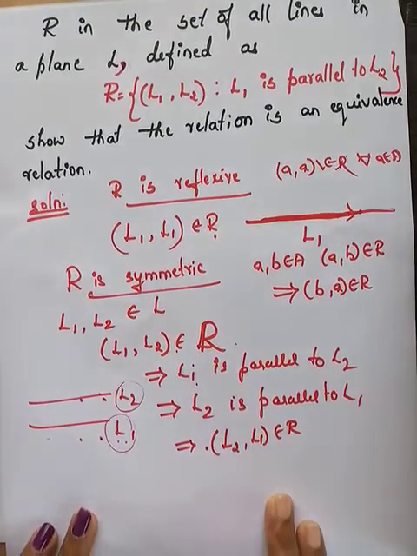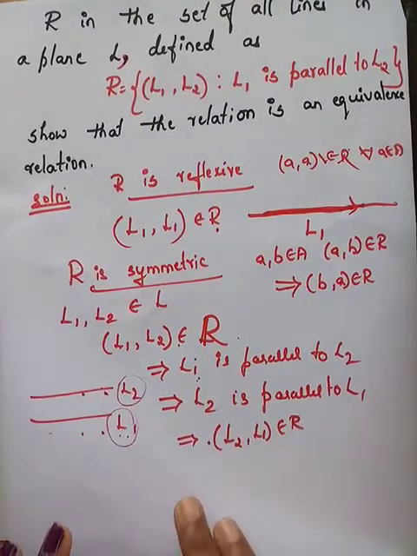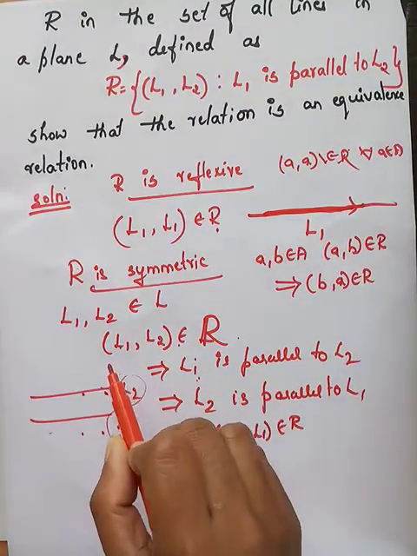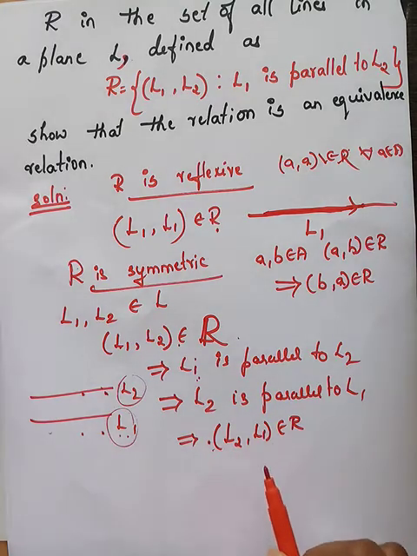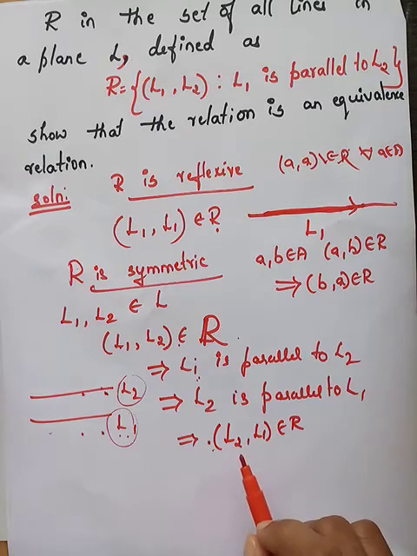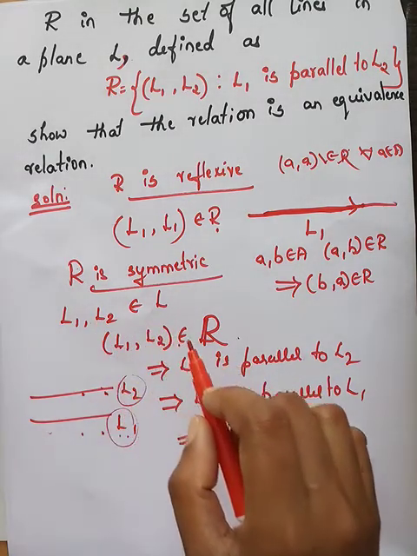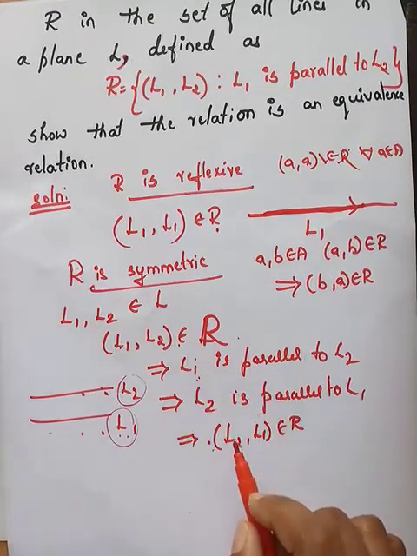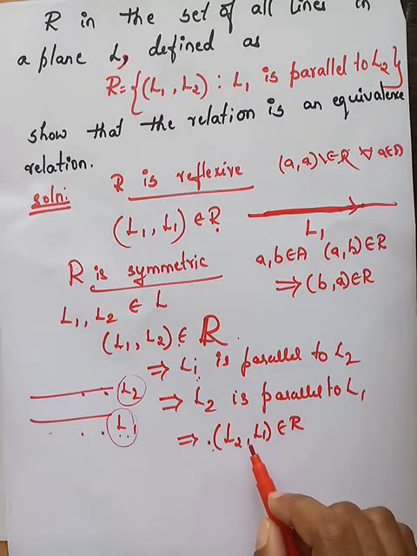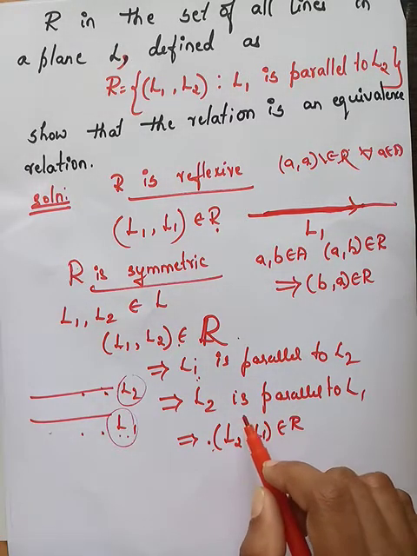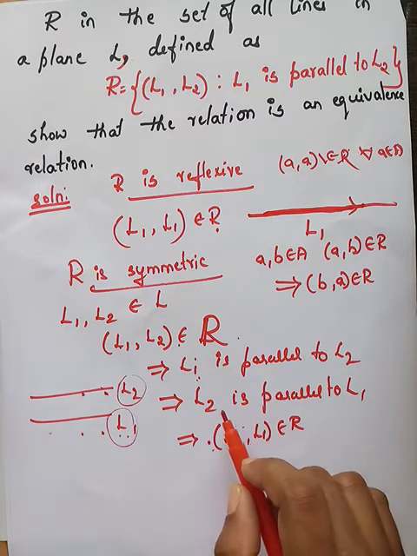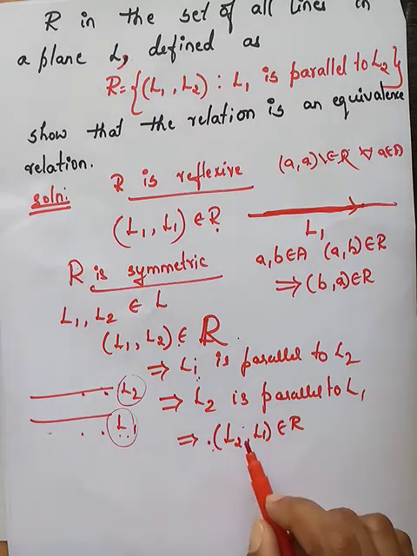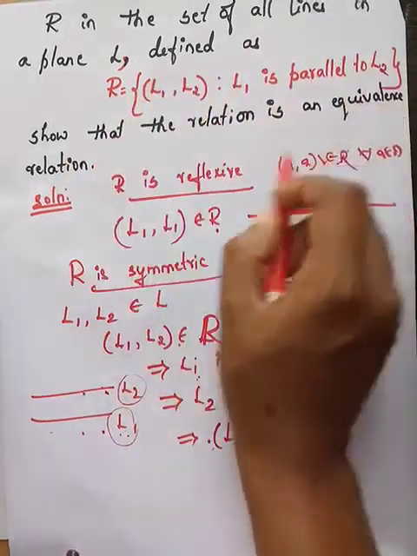We had assumed that the ordered pair (L1, L2) is in R, and we have shown that (L2, L1) is also in R. So the given relation is symmetric, because we have taken random lines from the set and shown it for those random elements, which means it holds for any lines in the plane.